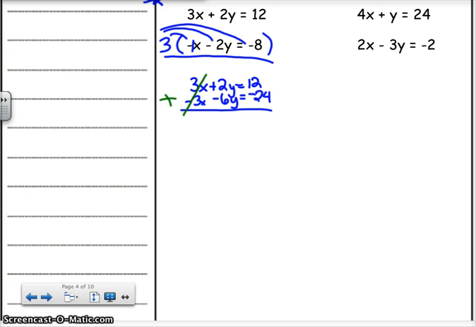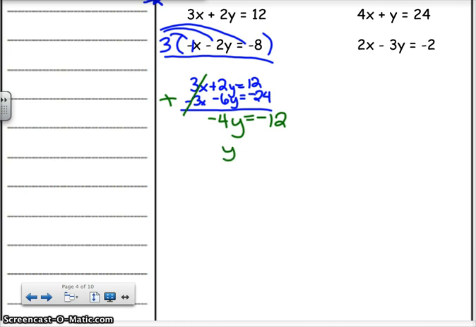3 plus negative 3 is what? 0, so that cancels out. 2 plus negative 6. What's 2 plus negative 6? Negative 4y. The equal comes down. 12 plus negative 24, negative 12. Algebra says I'm going to have to divide by negative 4.